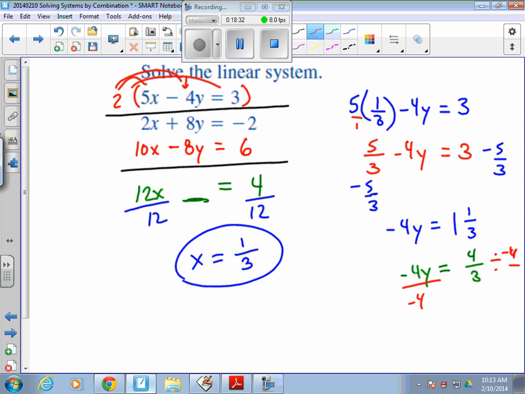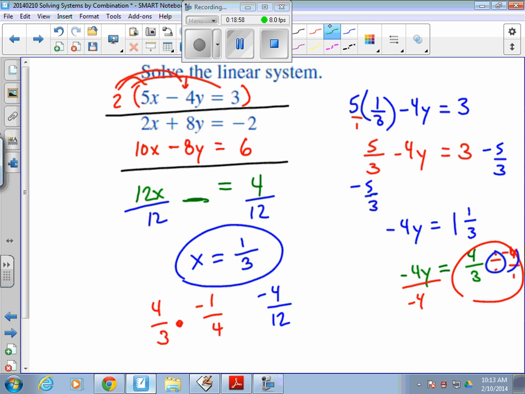And remember, anytime you divide fractions, you multiply by the reciprocal. So what you're left with, another way on the edge of the page, is 4 over 3 times negative 1 over 4. Notice I used the reciprocal and I flipped it since I changed it from division to multiplication. Multiply straight across. 4 times negative 1 is negative 4. 3 times 4 is 12. And again, the number 4 goes into both of them.